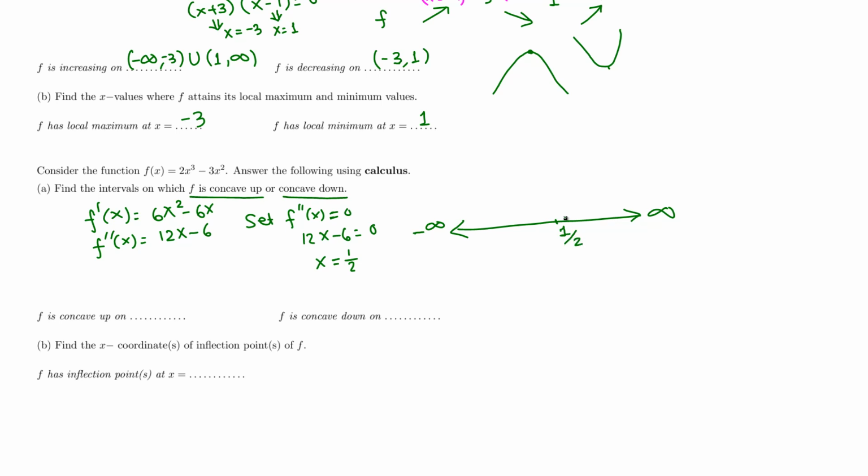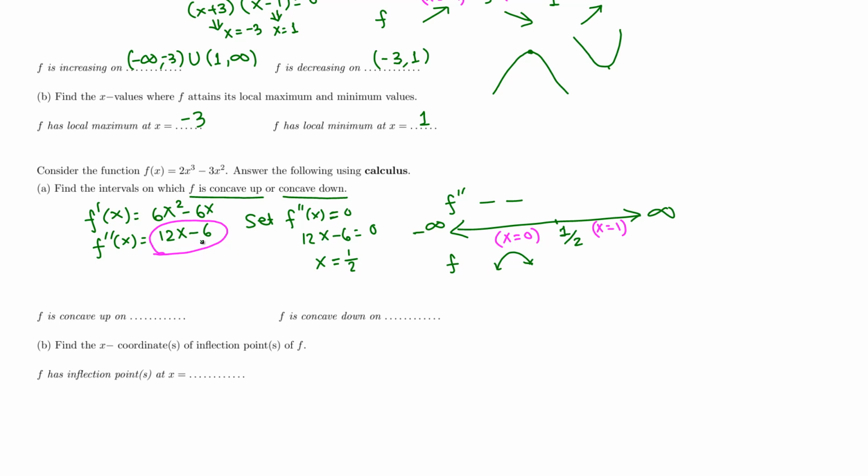Now we have two intervals to test. We just test the sign of the second derivative. Second derivative is here, by the way, 12x minus 6. So we can pick, let's say, 0 and x equals 1. If we plug in 0 here, 0 minus 6 is negative, second derivative negative, that means the function is concave down.